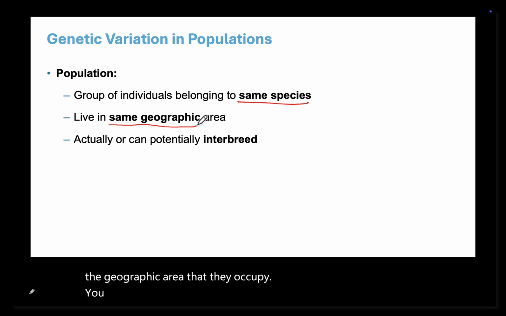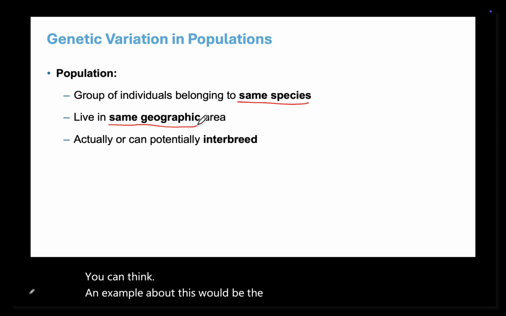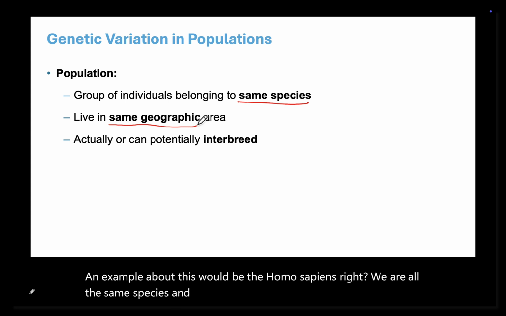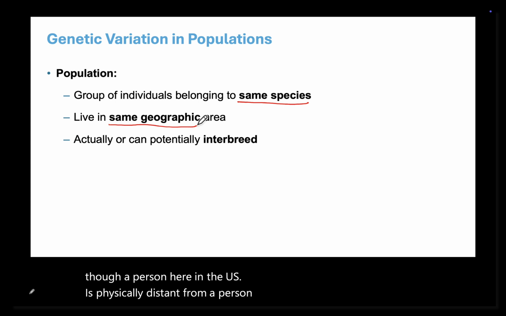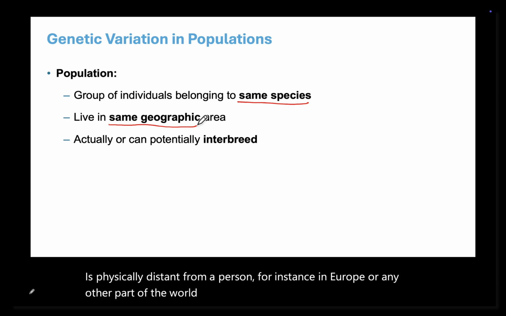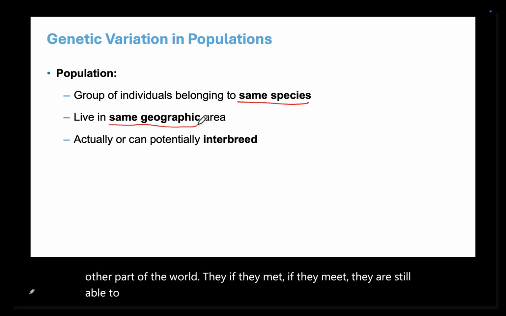An example about this would be Homo sapiens, right? We are all the same species and we compose a giant population. And even though a person here in the US is physically distant from a person, for instance, in Europe or any other part of the world, if they meet, they are still able to generate a viable offspring, right?